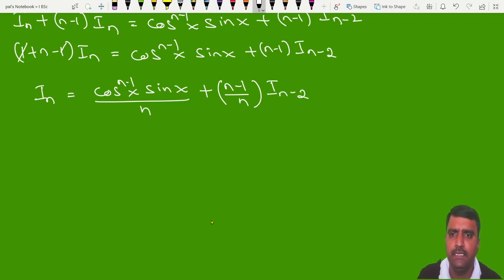Okay, so this is the value of integration of cos to the power n x.